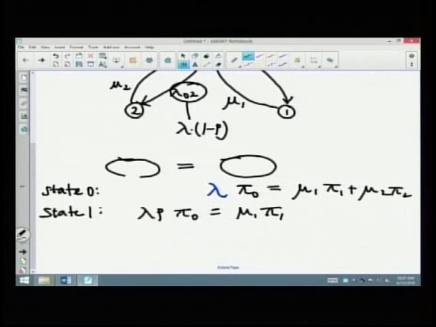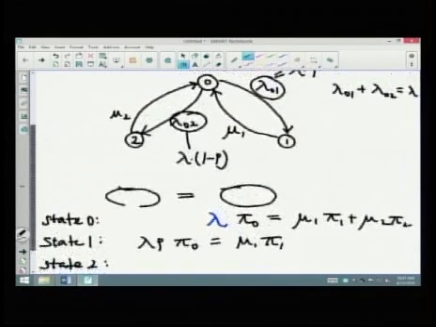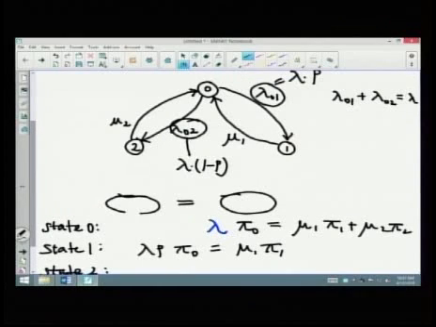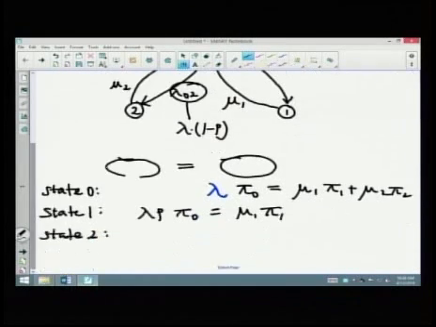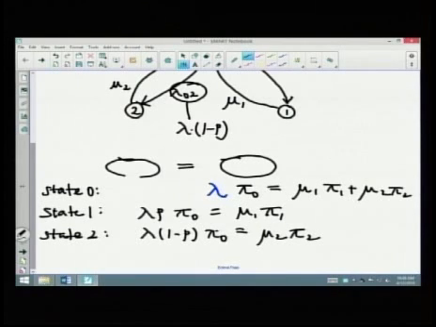If you continue on this for state 2, that's going to be lambda times (1 minus p) times pi 0 equals mu2 times pi 2, right? So we have lambda times (1 minus p) pi 0 equals mu2 pi 2. Is that correct?